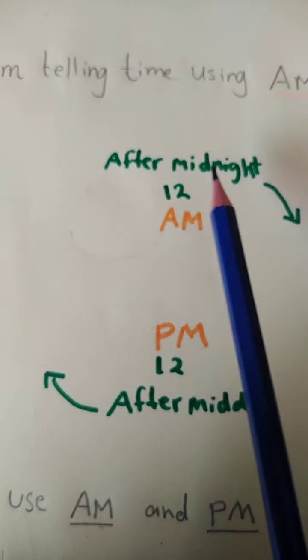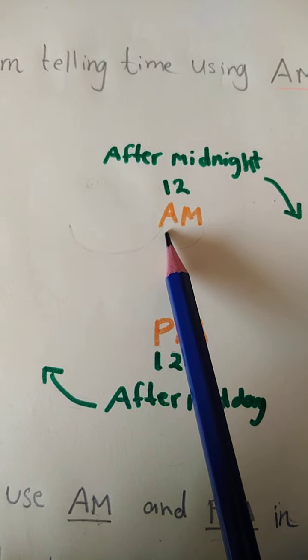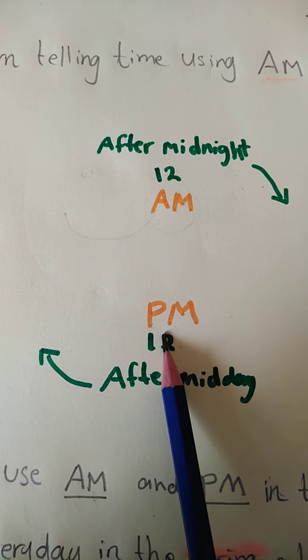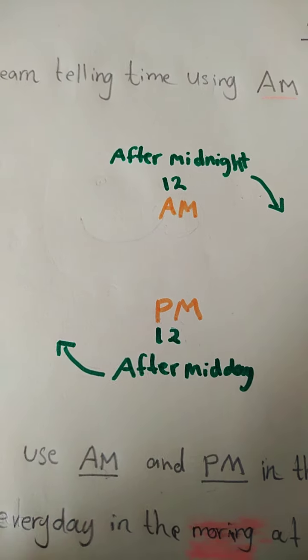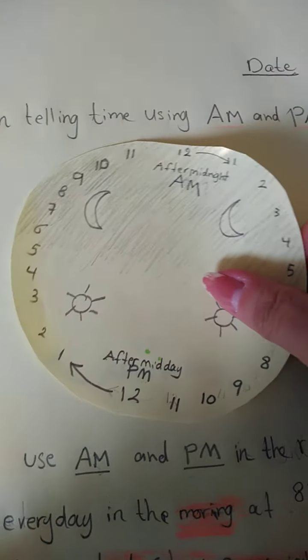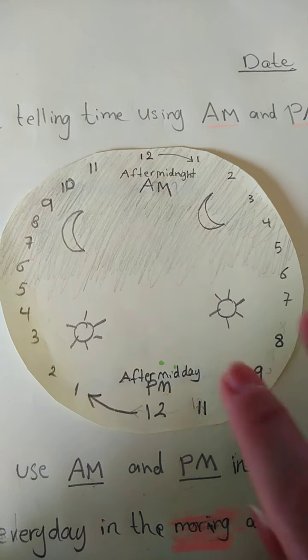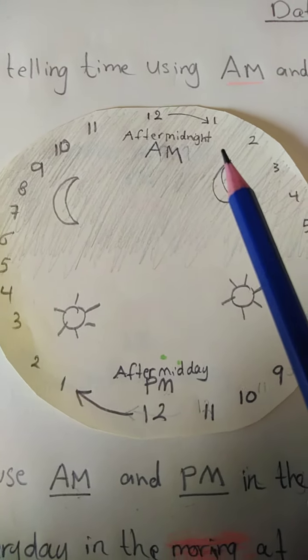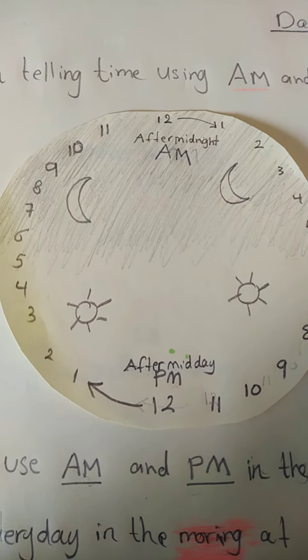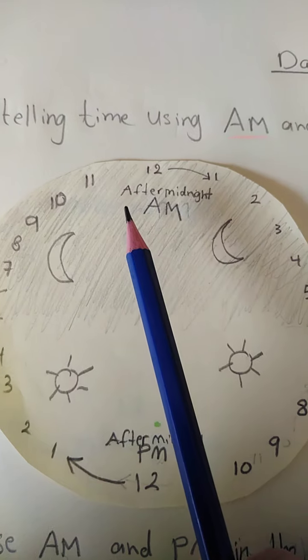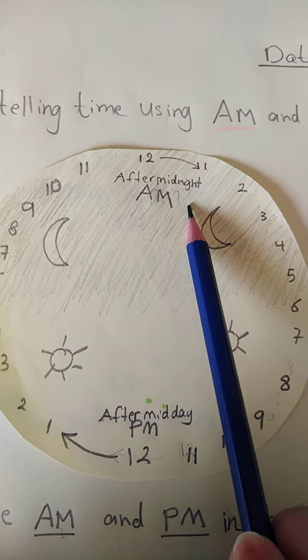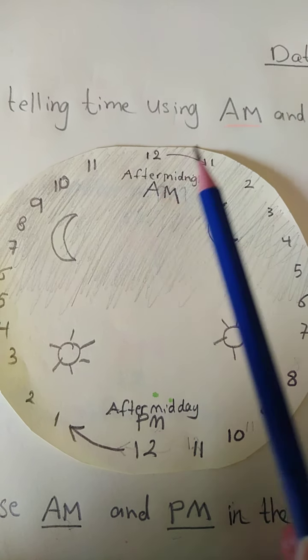So if it's after midnight, it's going to be AM. If it's after midday, it's going to be PM. Here I have a clearer diagram.